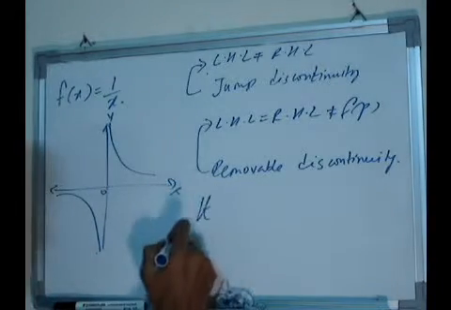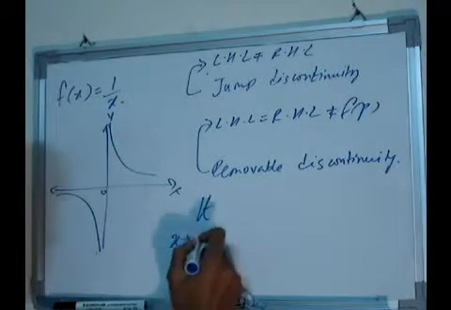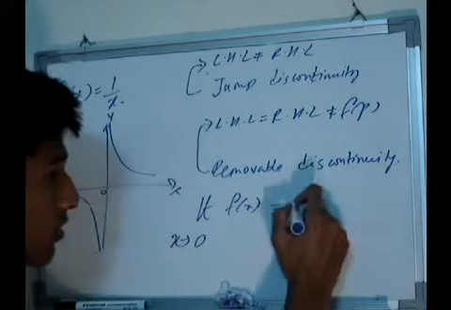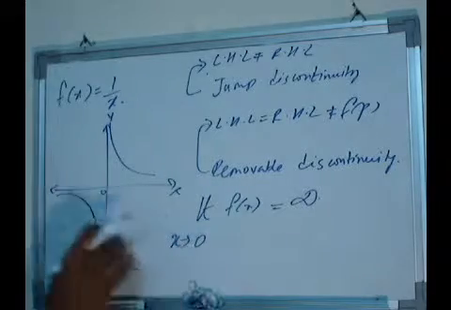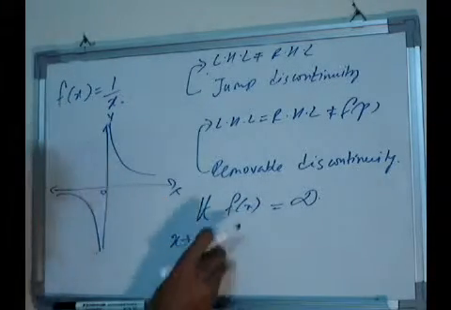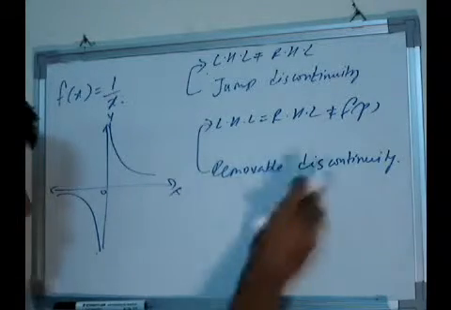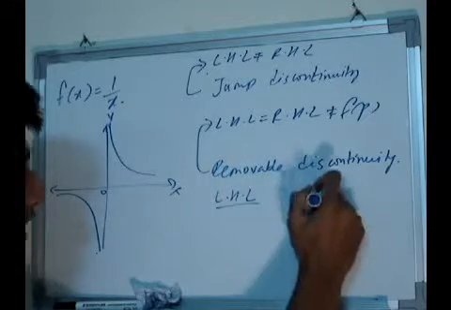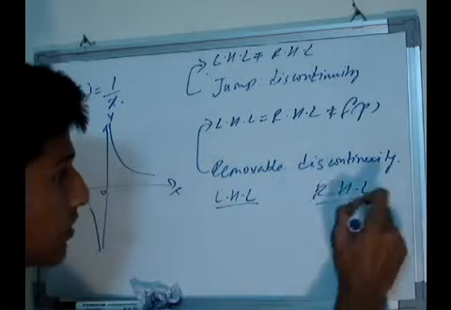So if I have the limit of x tends to 0 for f of x, it is equal to infinity, and this is also shown separately in terms of its right hand and left hand limits.